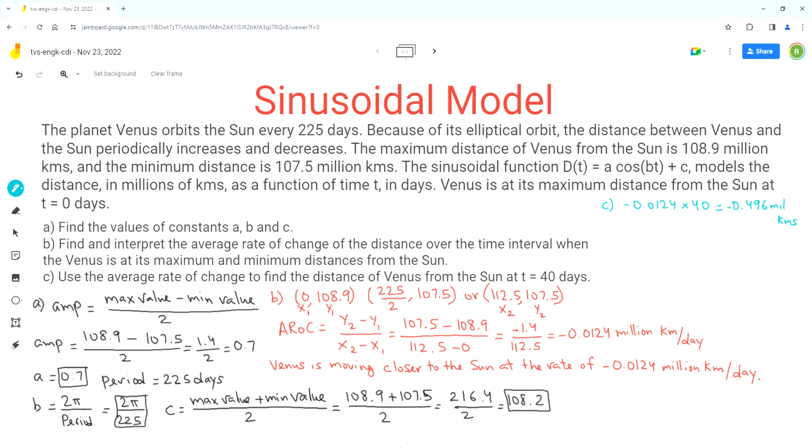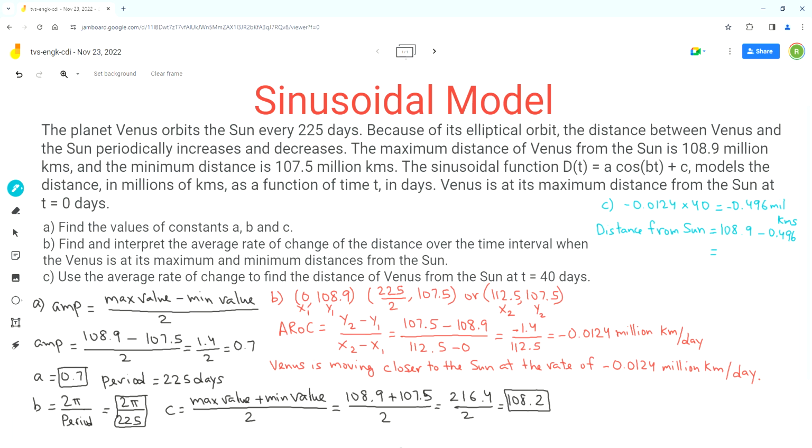The distance from the Sun will be equal to the maximum distance from which Venus started, because that's the starting position, so it is 108.9 minus 0.496, because from t equals 0 onwards, Venus moves closer to the Sun.